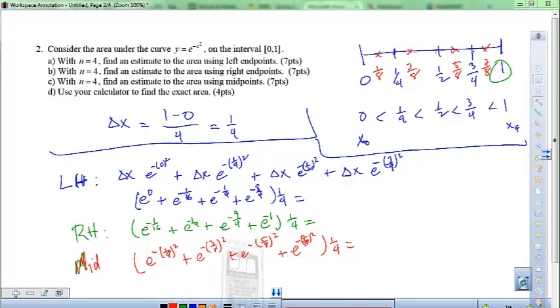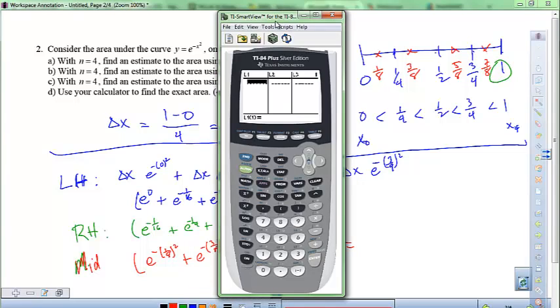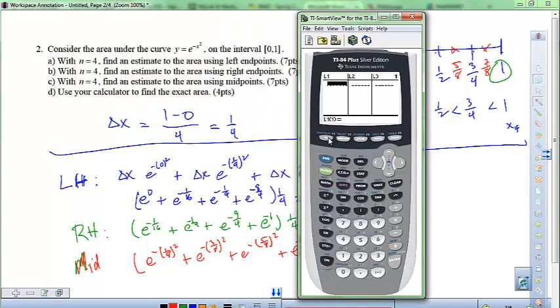So let's take out our calculator. My y1 is already set up. So I'm going to go to stat and enter for edit. Now I have L1.